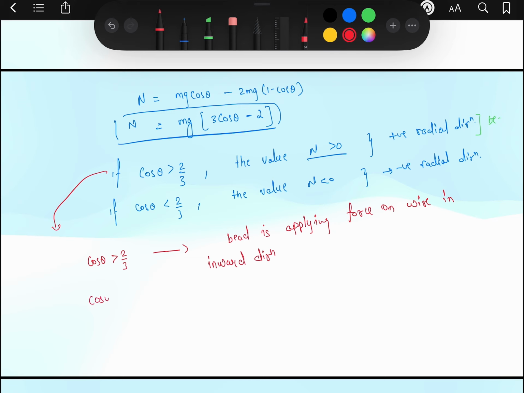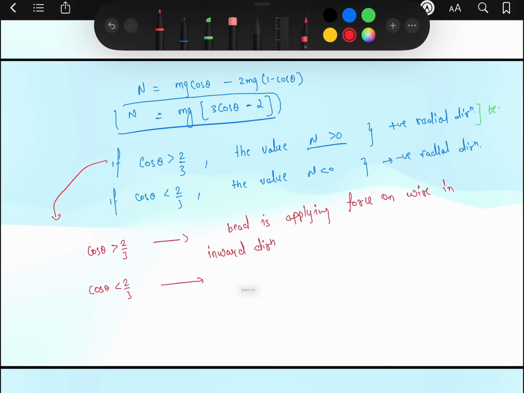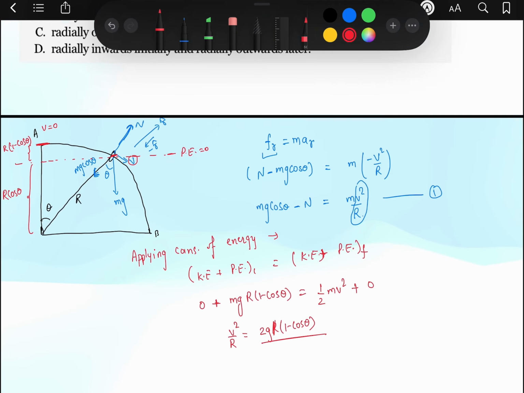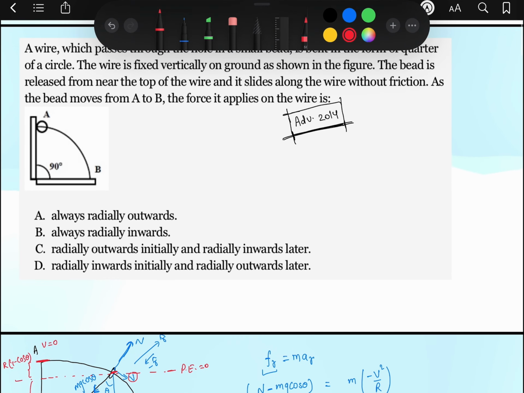Similarly, for cos theta less than 2 by 3, the bead is applying the force on the wire in the outward direction, so that the normal on the bead is in inward direction, that means negative r cap direction. So which option for this question will be correct?